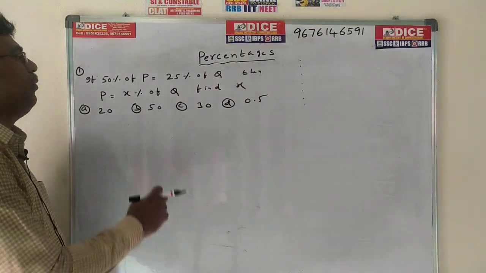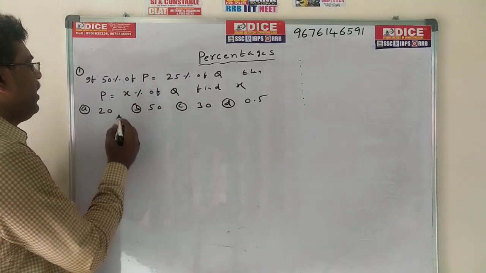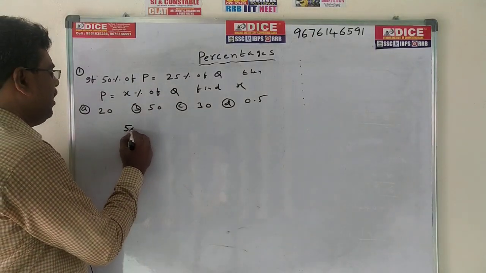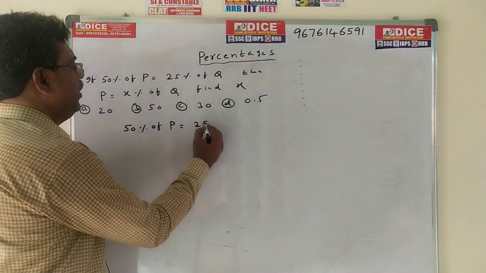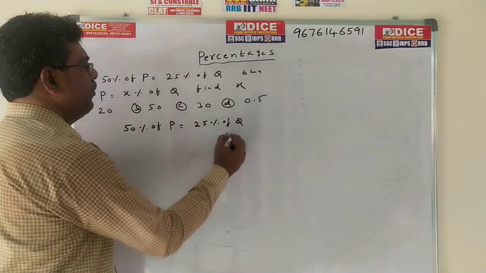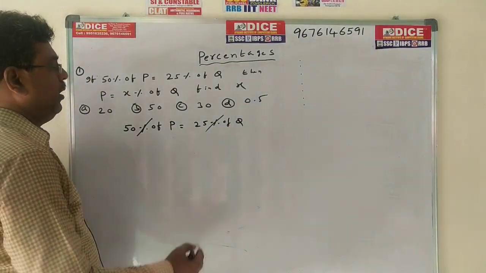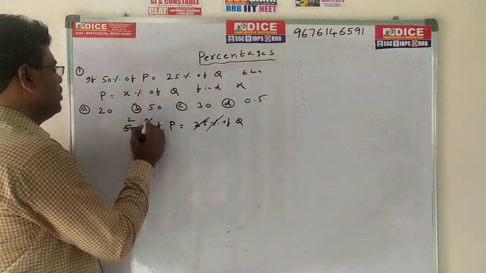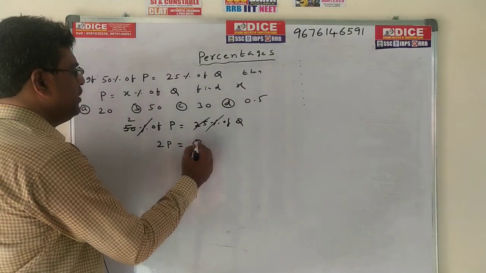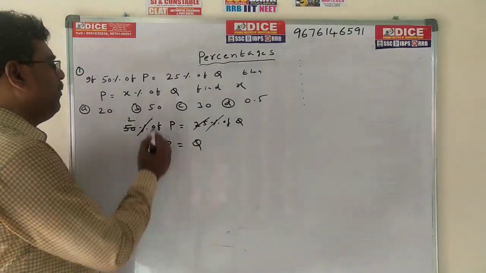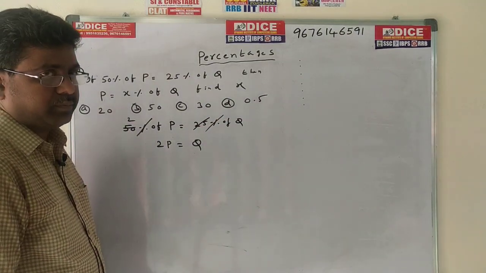First of all, we convert the first condition in terms of P and Q: 50% of P is equal to 25% of Q. Cancel the percentages; 25 ones, 25 twos. So 2P is equal to Q is the condition.